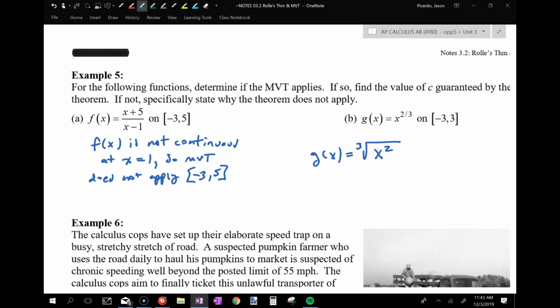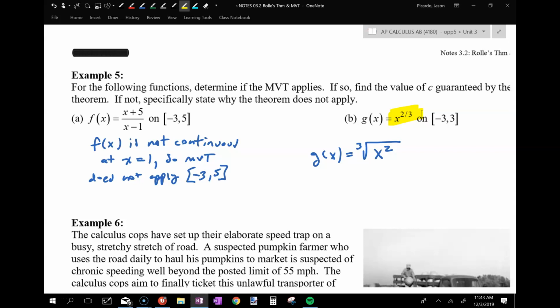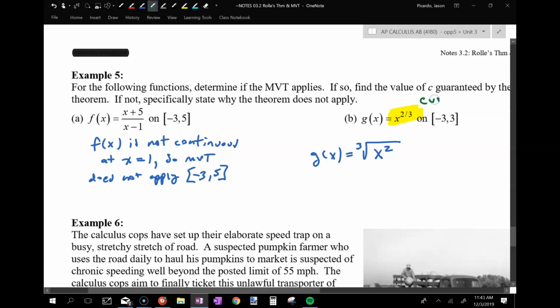What does this look like graphically? Remember, anytime I have a fractional exponent, what often happens? Close. Not asymptotes. We often see cusps, right? When we see fractional exponents, we're often going to see a cusp.